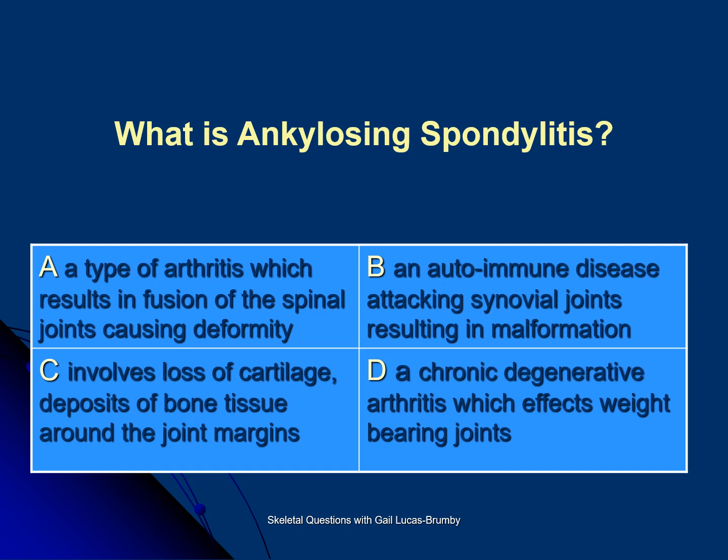Or D, a chronic degenerative arthritis which affects weight-bearing joints? The answer is A, a type of arthritis which results in fusion of the spinal joints, causing deformity.